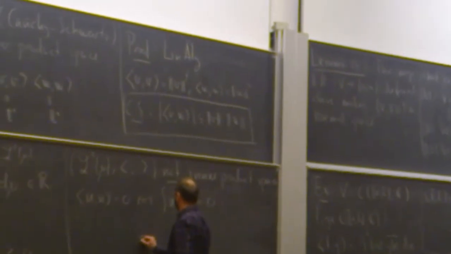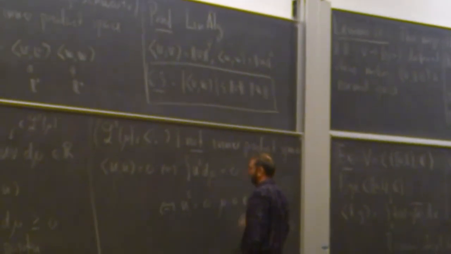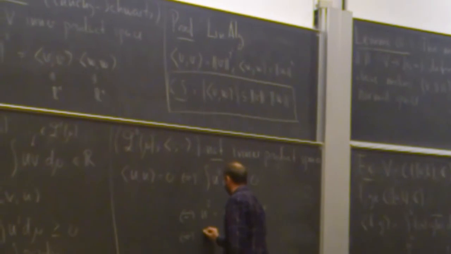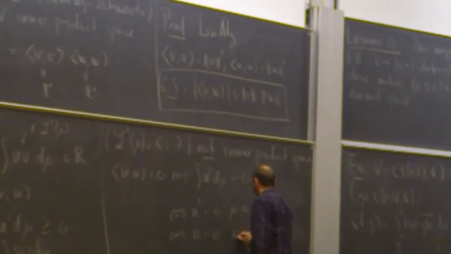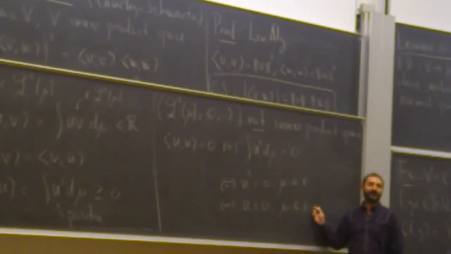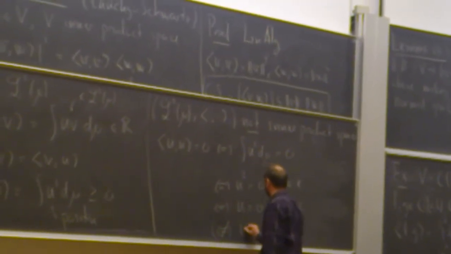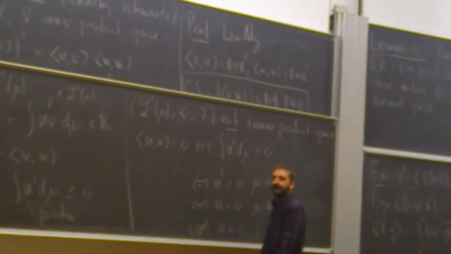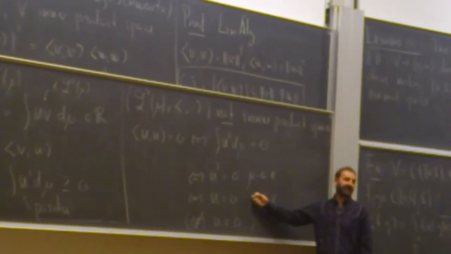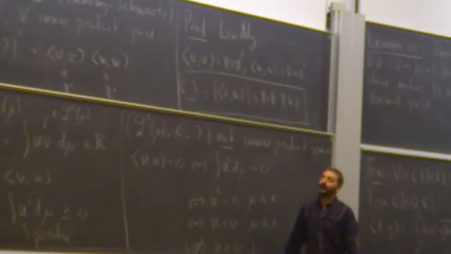That's right. So precisely, u squared equals 0 mu almost everywhere. And if the square is 0, then it's the same thing as u itself being 0. In other words, u inner product u is 0 if and only if u is 0 almost everywhere. But that is not the same as saying u is identically 0. This is really what we wanted, and this is what we get. So it's not quite an inner product. So how do we fix that?